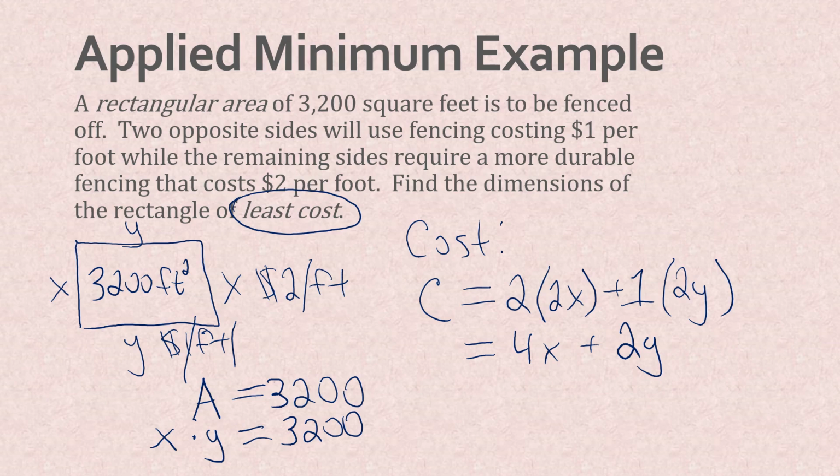Now we just make the substitution. We solve for y, that y is 3,200 over x. And then we simplify.